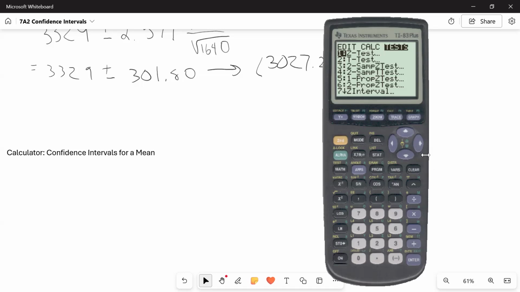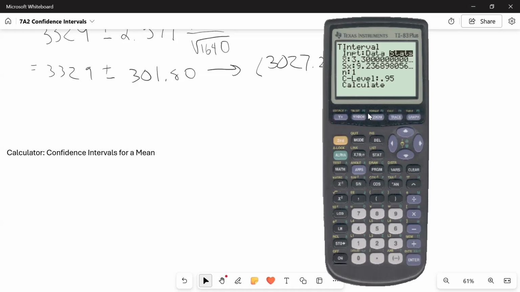And what we want to do is a T interval, which I believe is choice 8. You can remember that because population mean confidence intervals use the T distribution. We do not have the raw data here. We have the summary statistics. So we would scroll over to stats, hit enter.